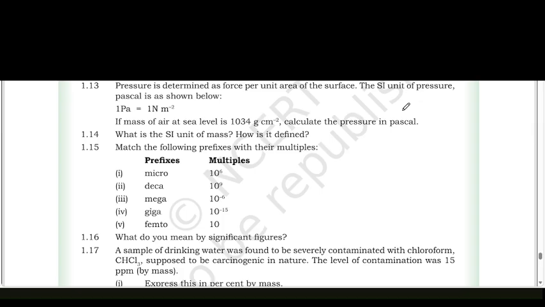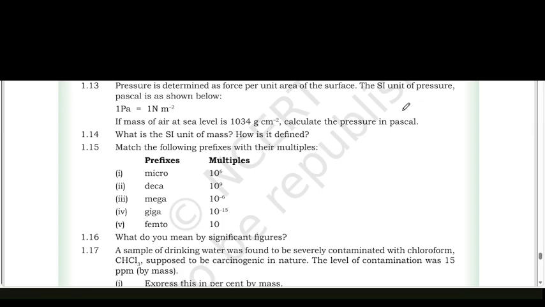So it will be the mass of methanol. Molarity is given 0.25, volume we are given 2.5. 793 by 32 we will do. So we will get 24.78, approximately 25 M, and M1V1 equals M2V2. So by solving it we will get 25.22 liter.